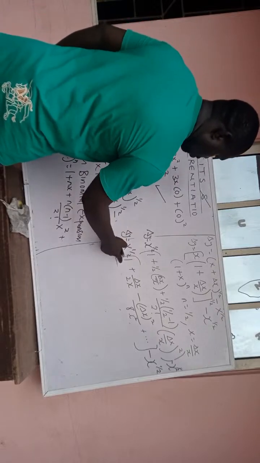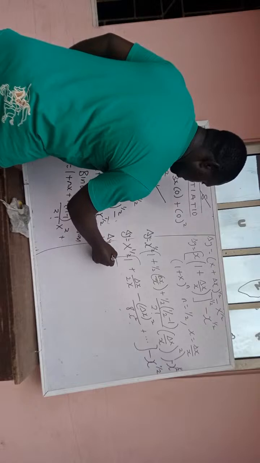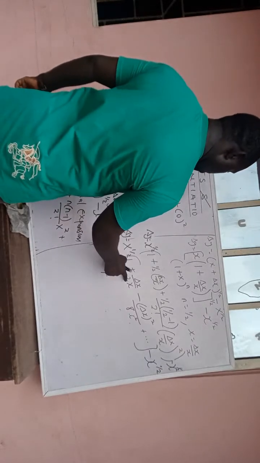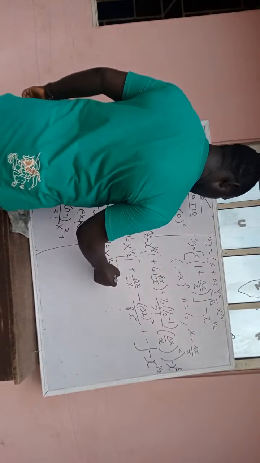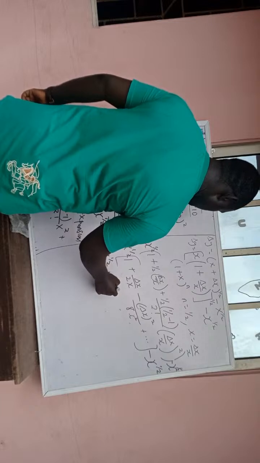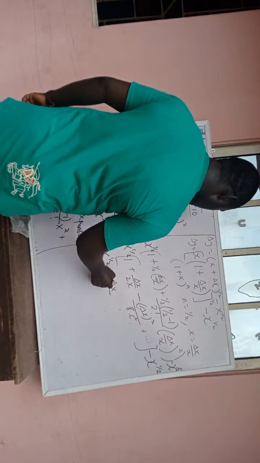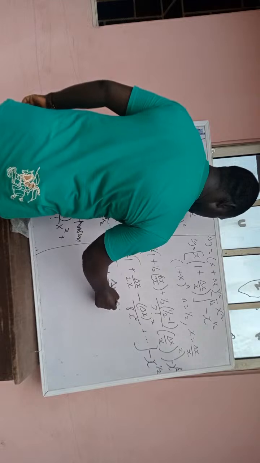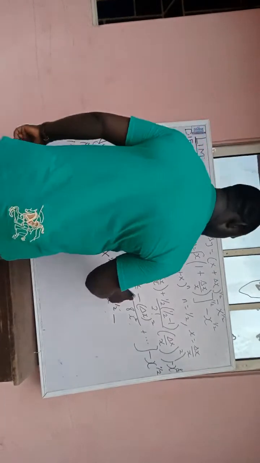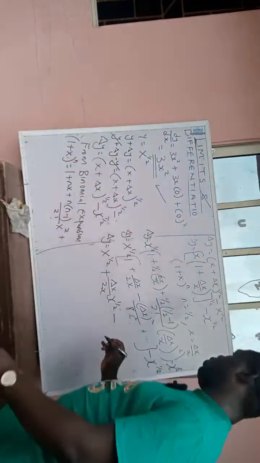So this time, when you open the bracket, you have change in x. Then you multiply this by this, open the bracket too. So you have change in x over 2x, x half. You come here again, the same thing.